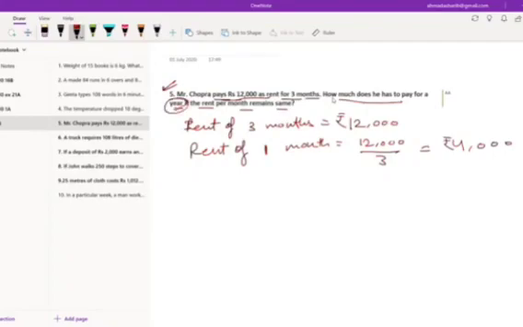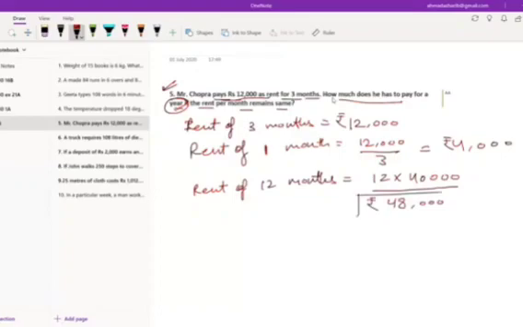There are 12 months in 1 year. So, write a rent of 12 months is equal to 12 into 4,000. Okay, 12 fours are 48 and 3 zeros as it is. So 48,000 rupees. This is the rent of 1 year.